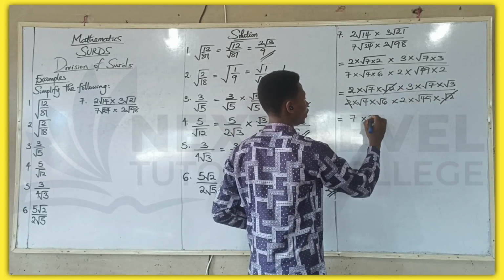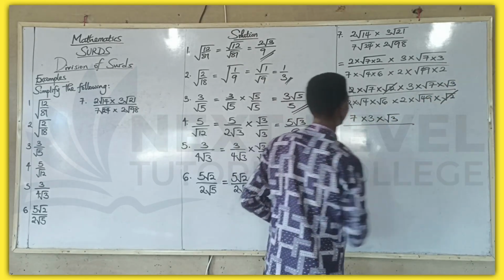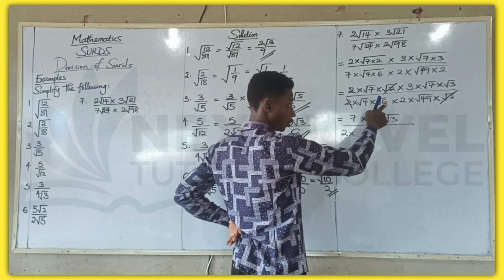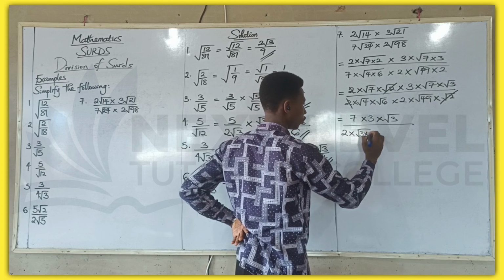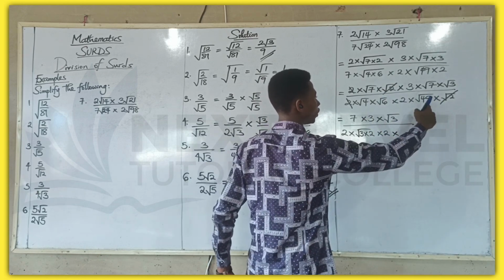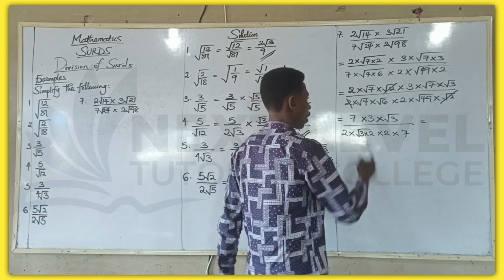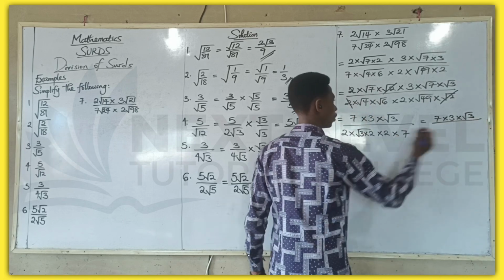We have 3 times root 3 here, all under we have square root of 4, 2 times. Root 6 here can actually still be broken further to root 3 times root 2. Then we have times 2 here, then times square root of 49. Root 49 is 7. Alright, I have 7 times 3 times root 3 all over 2 times.